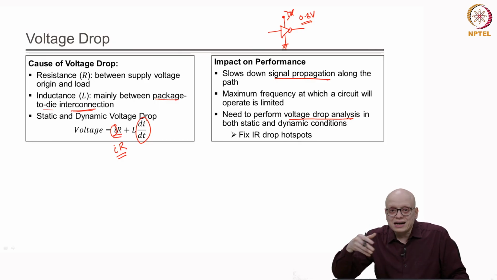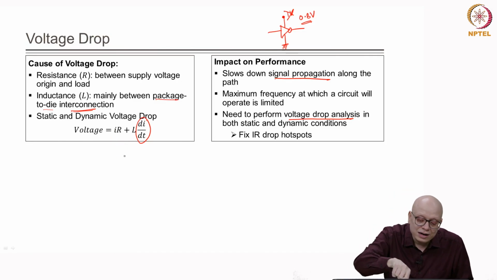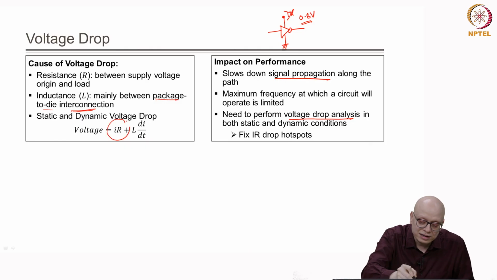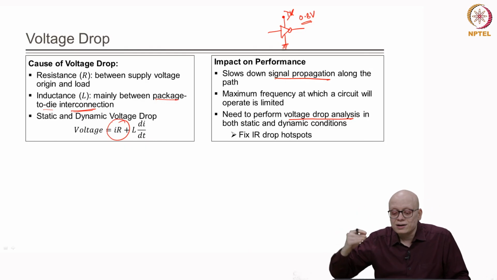Using that activity, we can estimate the current drawn from the power line. If in some portion of our design or layout there is large activity, a large current will be drawn, and there will be a higher IR drop and L di/dt drop, and the voltage can come down drastically.